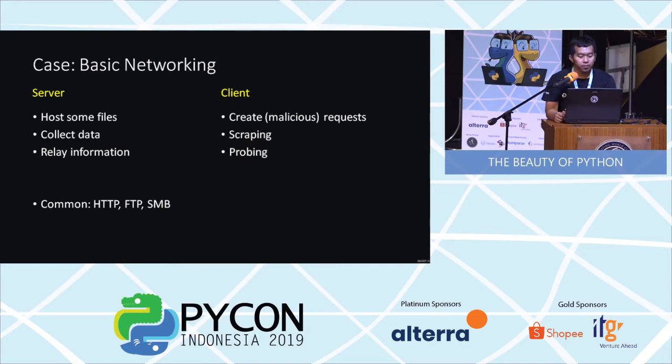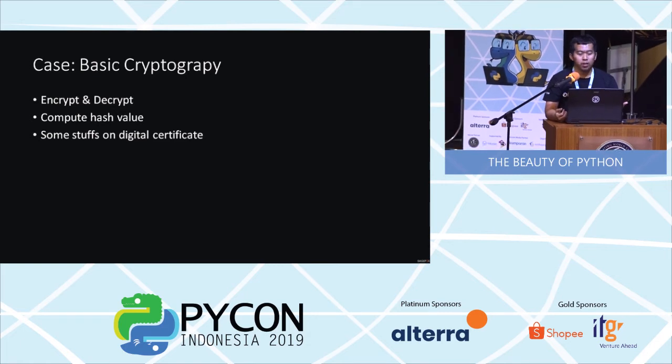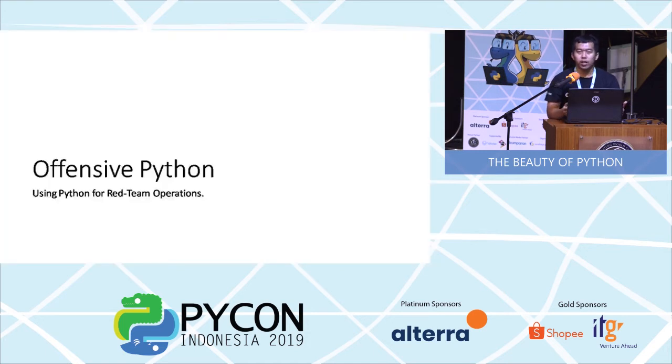For example, if we want to host some files to be downloaded by our victim, we can use Python to create a simple web server, or we can collect data with a web server, or we can use it as a client, maybe scraping, probing some clients, probing the network, and others. Or we need some basic cryptography with Python, like to encrypt and decrypt, to compute hash values, to crack, and other things. We are enjoying Python very much, so we can leverage Python as offensive tools to help us attack organizations.